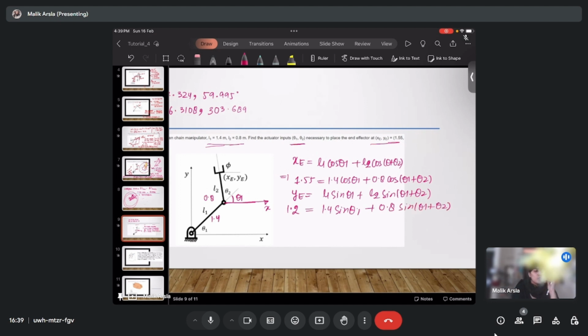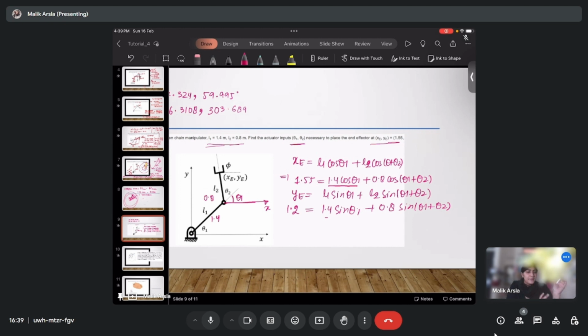Now, if you follow the basic procedure, you will take the cos theta 1 term to this side and the sin theta 1 term to this side. Basically you subtract it from the left hand side and right hand side. Then you expand cos of theta 1 plus theta 2 and sin of theta 1 plus theta 2, and follow the procedure to get an equation of the form a sin theta 1 plus b sin theta 1.